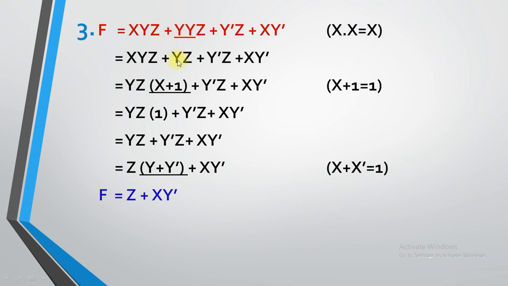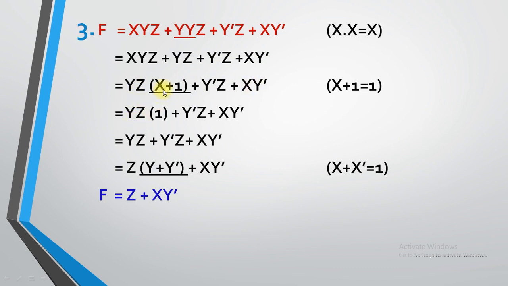Now consider this particular term. There is a common factor yz. So I have written yz over here, and into bracket x plus 1 is the remaining term, plus y dash z and xy dash as they are right now.